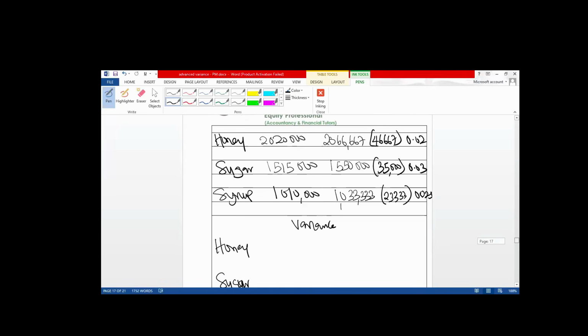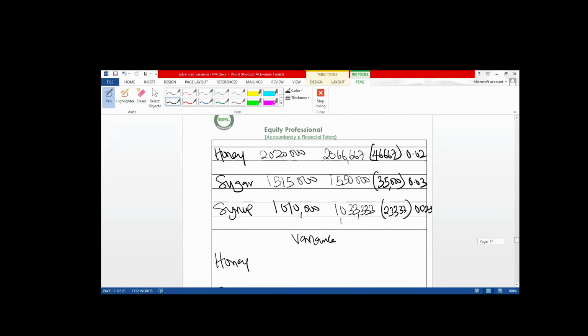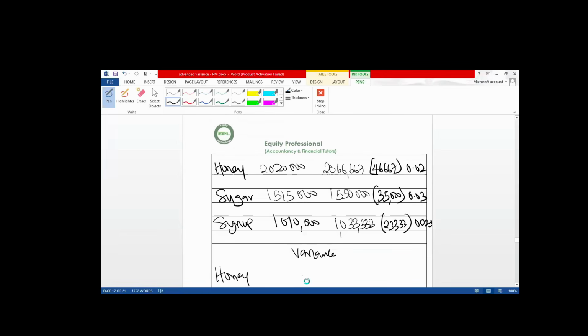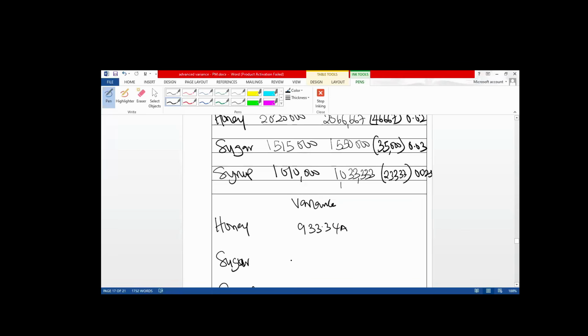Honey is 1,333.34 adverse. Next, sugar is 1,500 naira adverse.